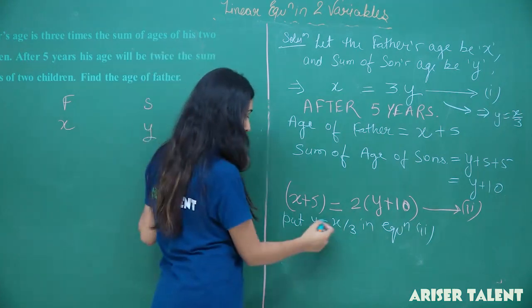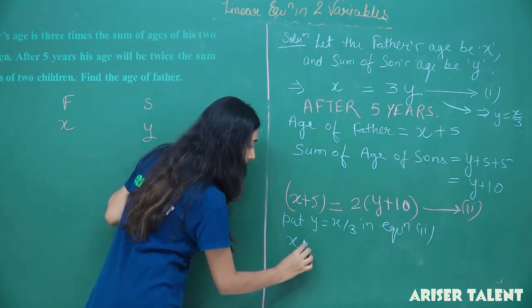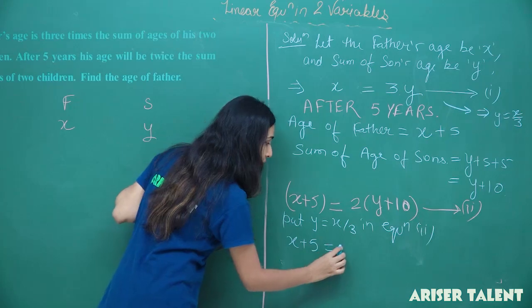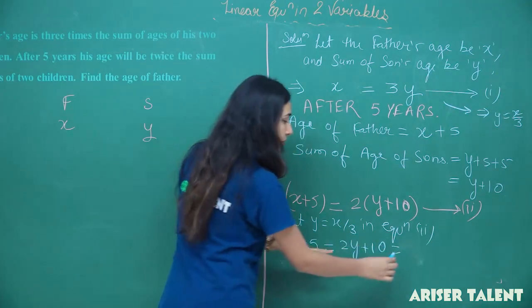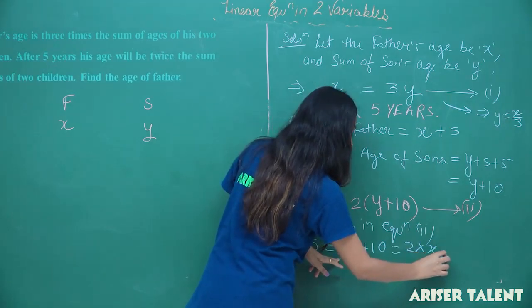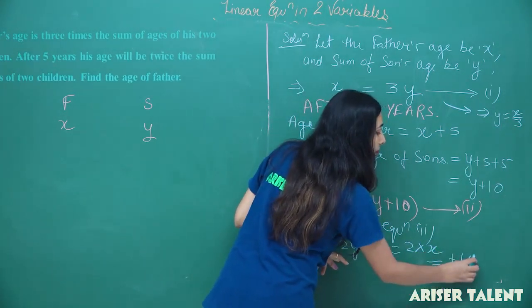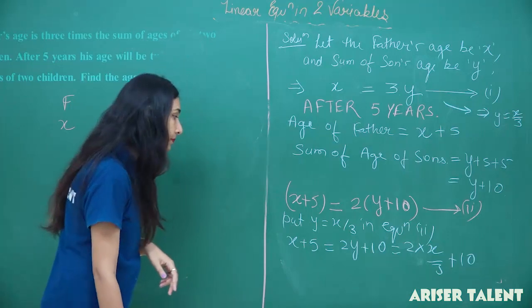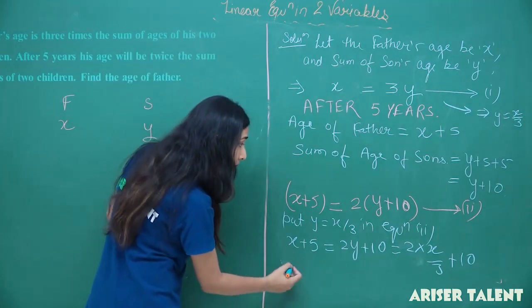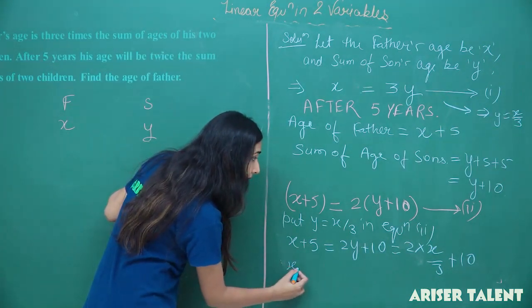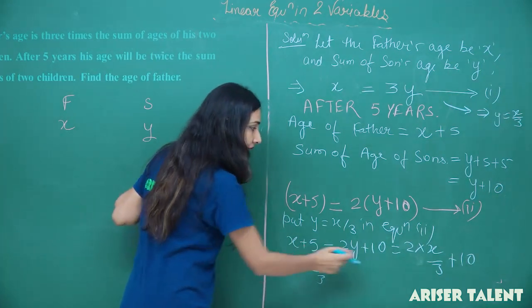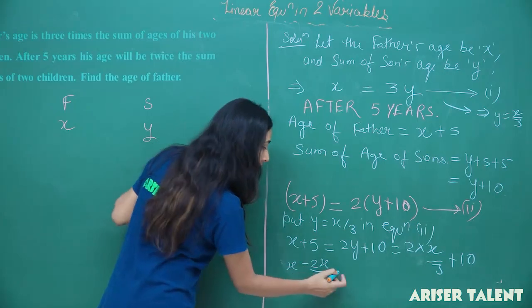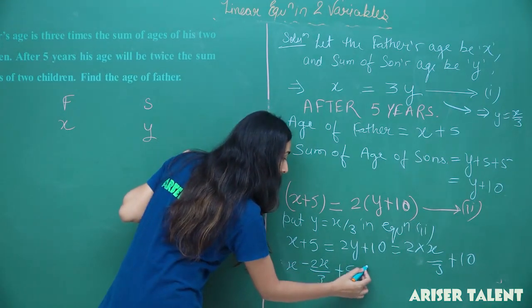Then, simply x plus 5 should be equals to 2y plus 10, which will be now equals to 2 multiplied by x by 3 plus of 10. Yes. Okay. Now, x minus 2x by 3, x here and minus 2x by 3 here, plus 5 and minus of 10.